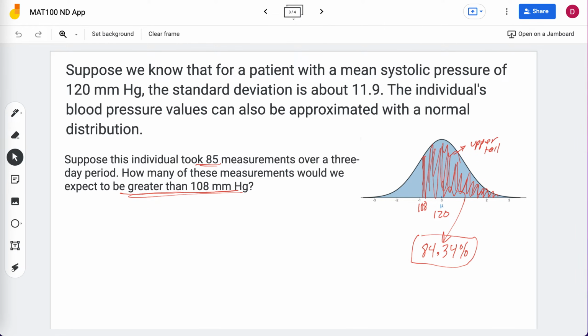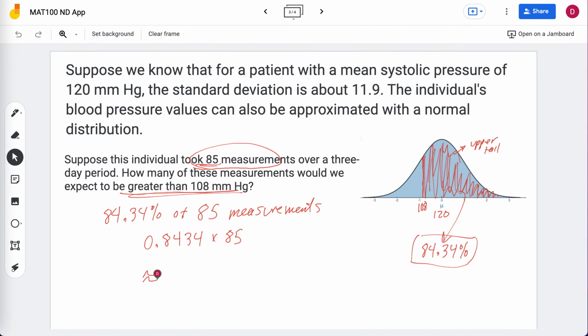So we would expect that 84.34%, but now we want to consider the value. That's the percent. So I want to know, well, what is that out of 85? I'm looking for 84.34% of those observations, so of 85 measurements. So we're going to take our percent times our value here. As a decimal, it's 0.8434. We'll multiply that times the 85 measurements, and we'll get an approximation of about how many of them would be above this 108.